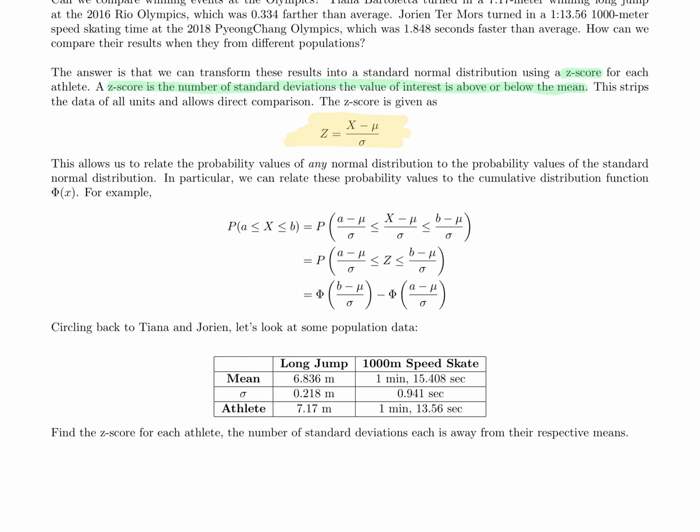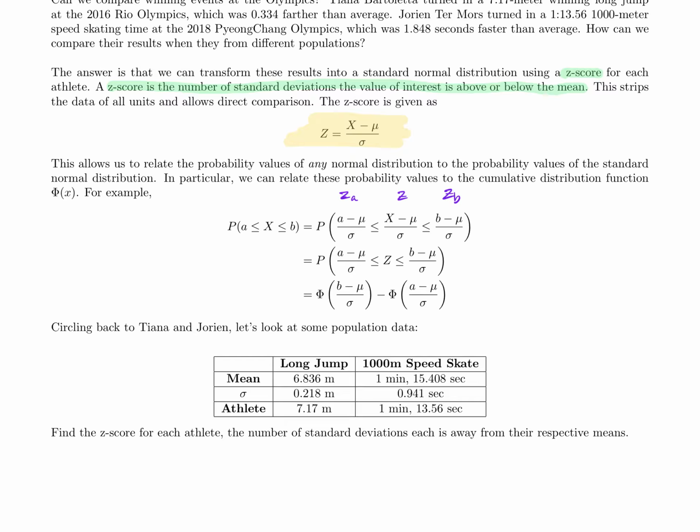So for example, the probability that x is between a and b would be the probability that a minus mu over sigma is less than or equal to x minus mu over sigma, which is less than or equal to b minus mu over sigma. Here we're looking at z at a and z at b.